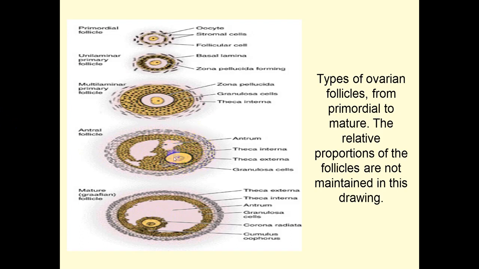Here it is, the cumulus oophorus. And the tertiary follicle, or Graafian follicle, or pre-ovulatory follicle, where you can see that this liquid distends the wall of the follicle, we can clearly see 3 layers in the wall: tunica granulosa, with the granulosa cells, theca interna and theca externa.